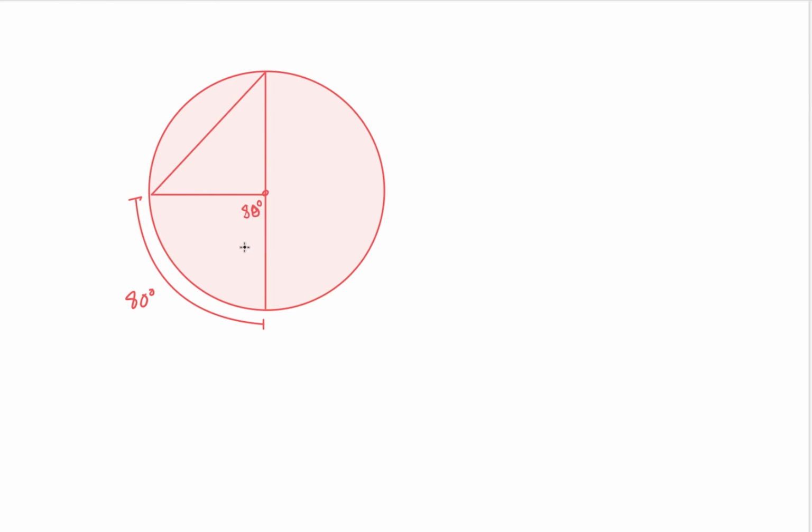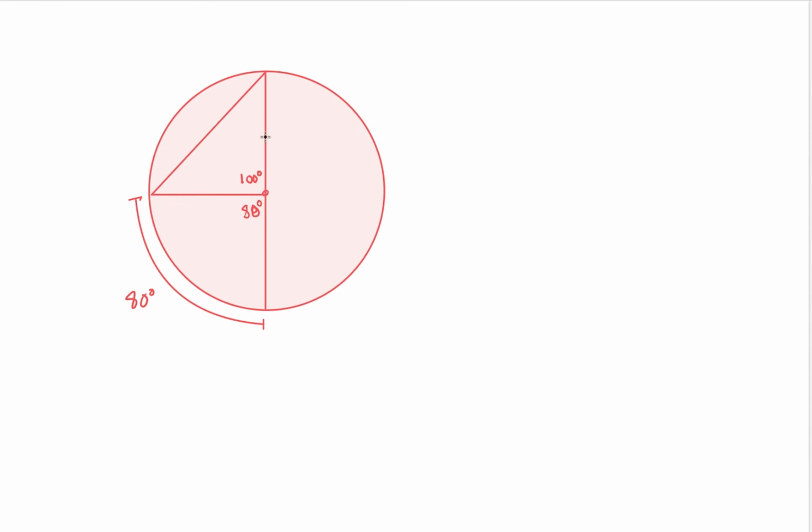Make that a bigger circle. So if this is 80 degrees and this is a diameter, then we know that the degree of measure here is 100 degrees, right? And we know that because this is a radius and this is a radius, that these two are the same length, which makes this an isosceles triangle.